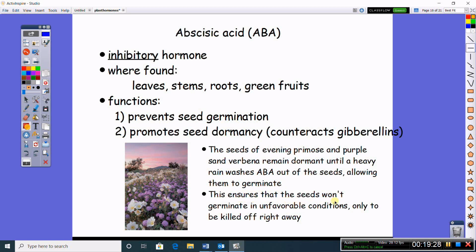This ensures that the seeds won't germinate in unfavorable conditions, only to be killed off right away. That kind of makes sense. In an area where maybe rainfall is not that common, they rely on a heavy rain to wash the abscisic acid out of the seeds, which basically tells the seedling that there's enough water for the seeds to be able to germinate.